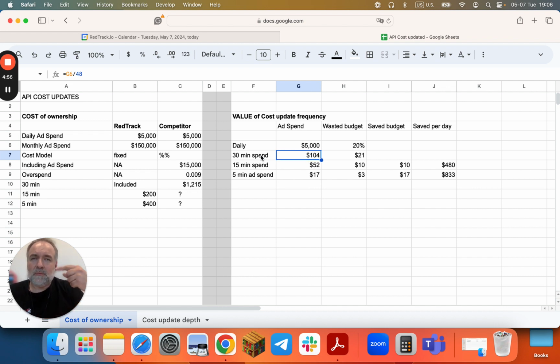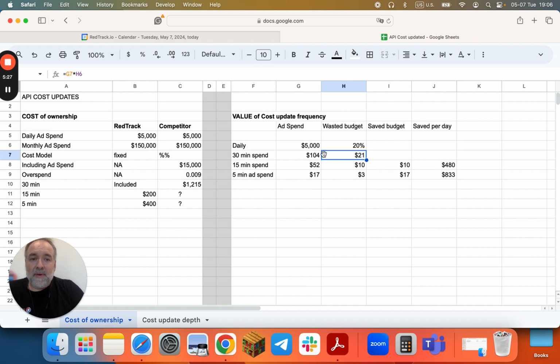Let's assume that your wasted ad budget is roughly 20%, because you can't have perfect ads, so some ads are not performing. So roughly 20% is wasted ad budget. Every 30 minutes you identify that you wasted $21 and you don't waste it in the next 30 minutes.